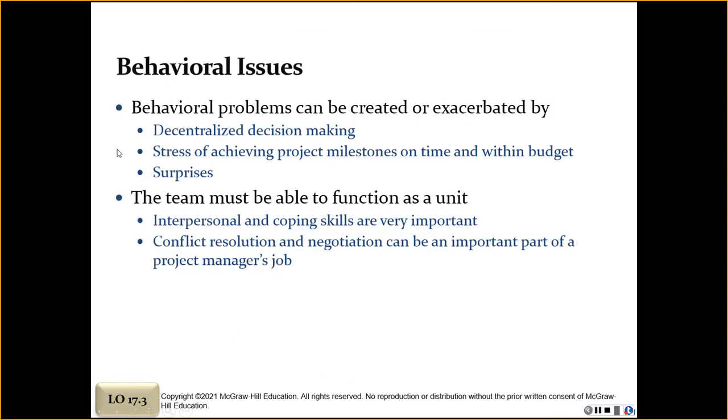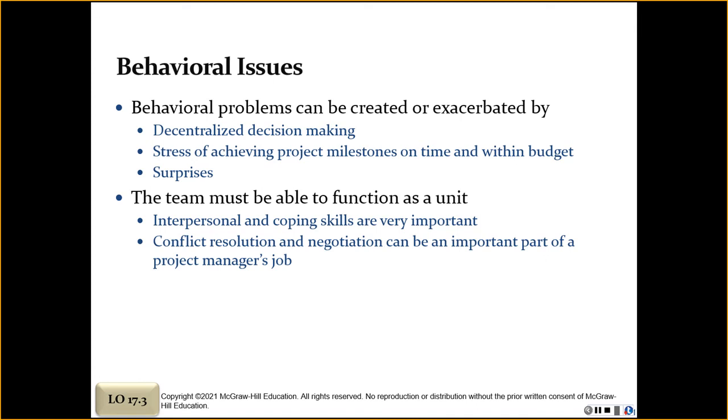All right, so one thing that could really slow down or prevent a project from moving forward and being successful is behavioral issues within the team, amongst the team members. Behavioral metrics are just as important to a project as the project metrics are, and it should never be overlooked because people make the project happen.